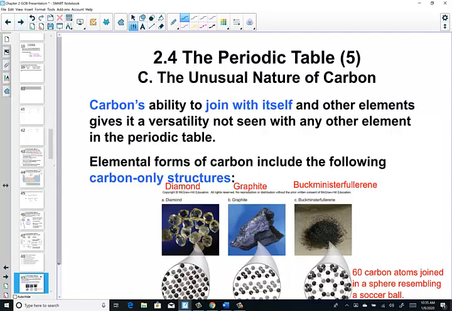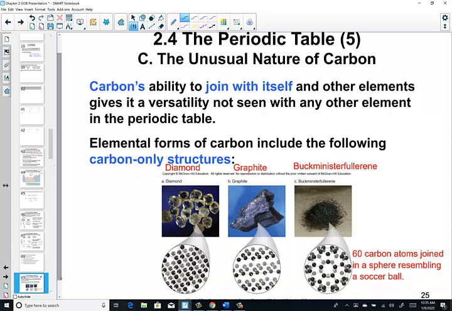Elemental forms of carbon include 3 different allotropes. They are called diamond, graphite, and Buckminster fullerene. Based on those structural arrangements, notice the carbon in diamond. When you look at the molecular structure of diamond, you'll notice it has an arrangement in a highly ordered fashion. Graphite gives us sheets.